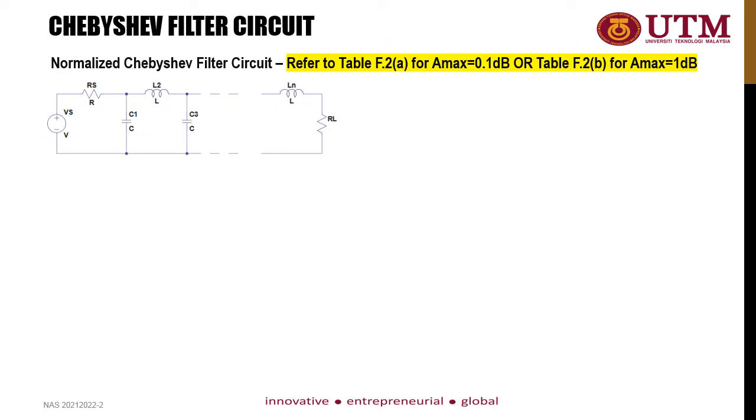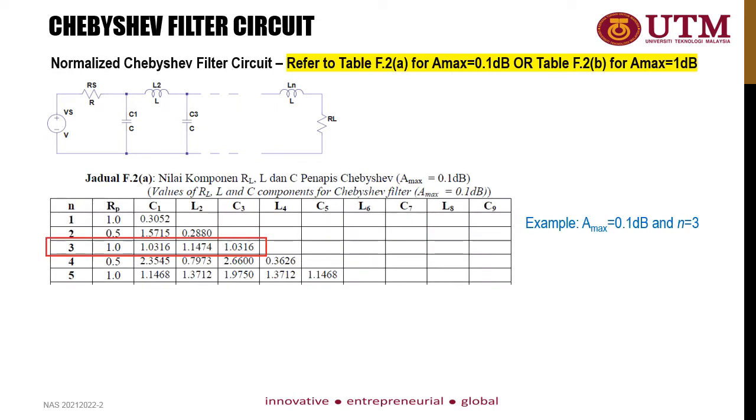For example, you have Amax equal to 0.1 dB and N equal to 3. Please look at the table properly. For Amax equal to 0.1 dB and N equal to 3, you'll see that you have C1, L2 and C3. So you need to draw the circuit.